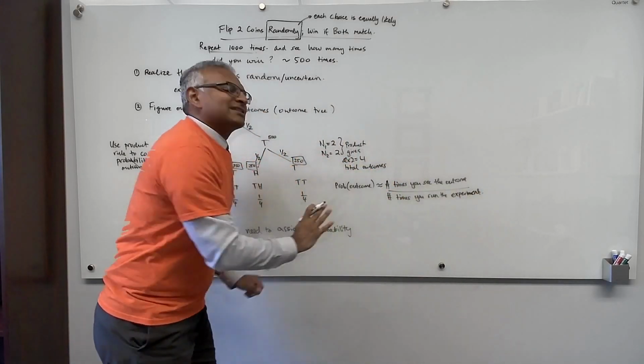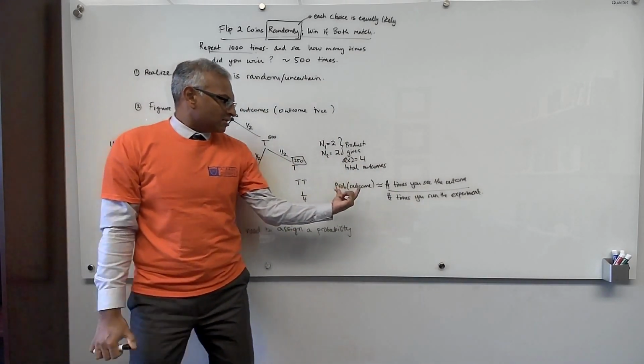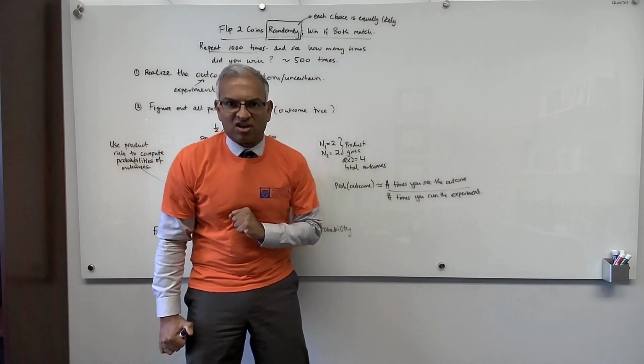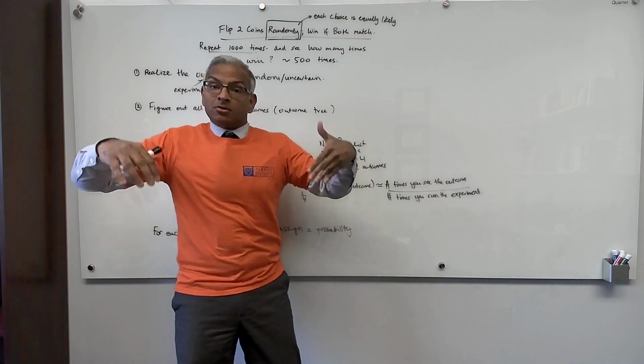That is exactly the frequency interpretation of a probability. It says that the probability of some outcome is the frequency of times you will observe that outcome when you do the experiment. This, of course, assumes the experiment is repeatable.